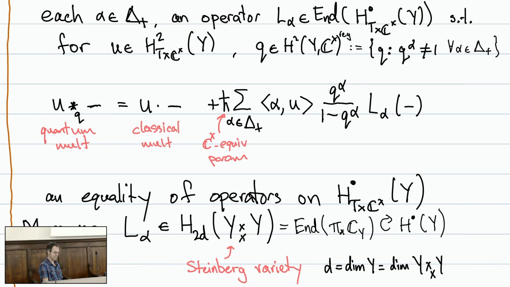But still, it's of a geometric nature. It's telling us that the quantum multiplication, the correction to the classical multiplication, is given by this thing here, and the important piece of the right-hand side is of a geometric nature. And we'll see in the examples where it comes from. Okay, any questions?